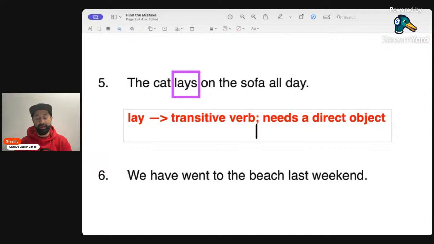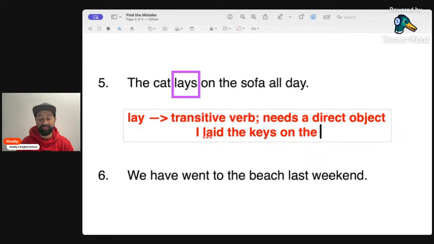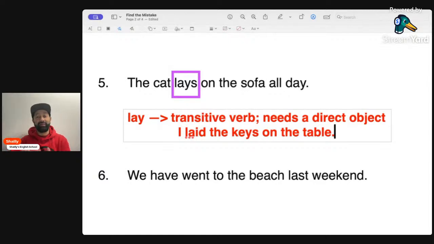So we need to put lay plus a direct object. For example, I could say, I laid the keys on the table. So here, keys is the direct object. I lay something. So lay always needs another noun, an object.